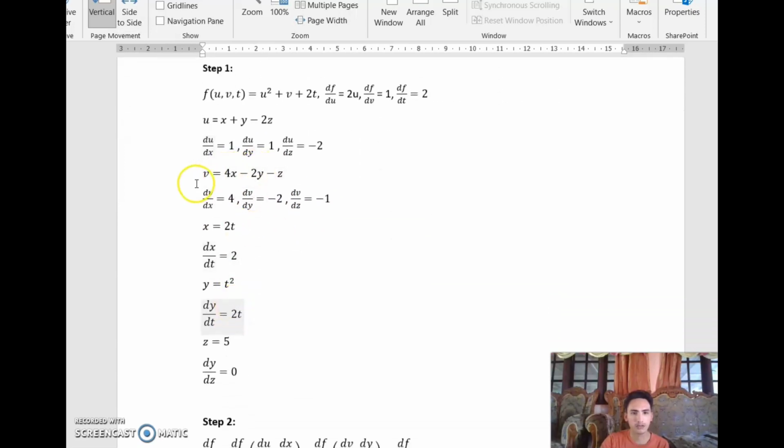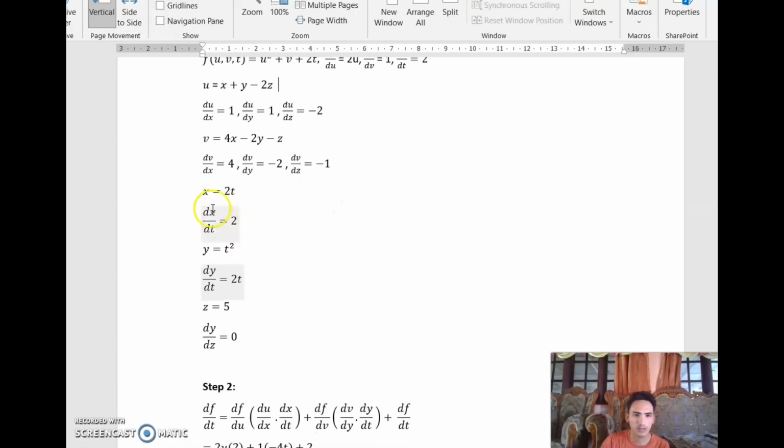For the function v, v equals 4x minus 2y minus z. We differentiate dv over dx, we get 4. Second is dv over dy, which is equal to minus 2. dv over dz gets minus 1.